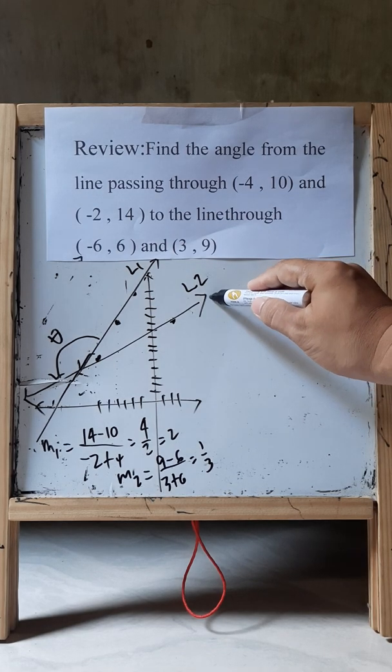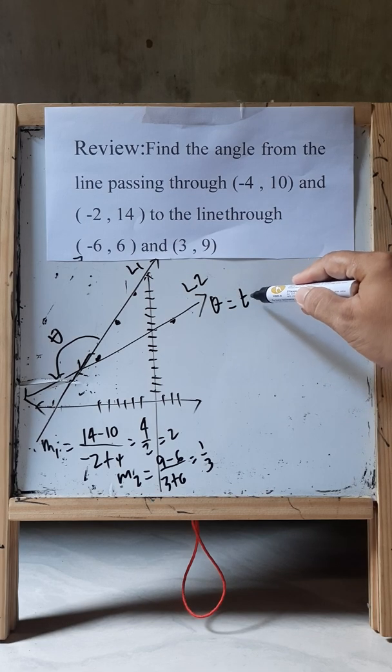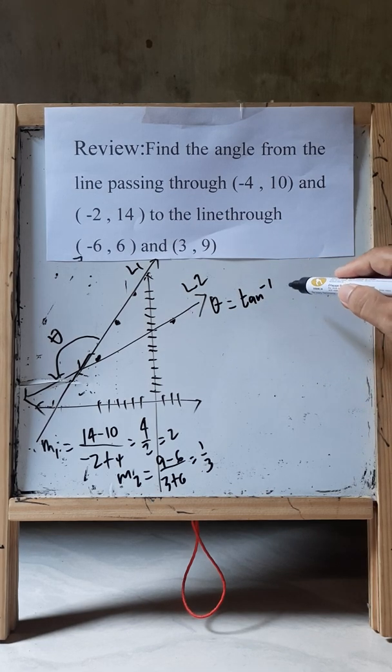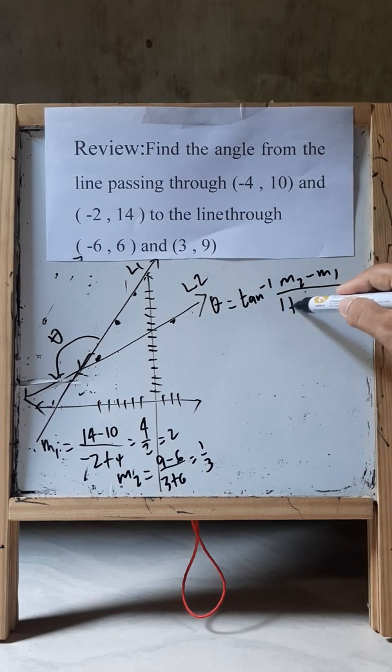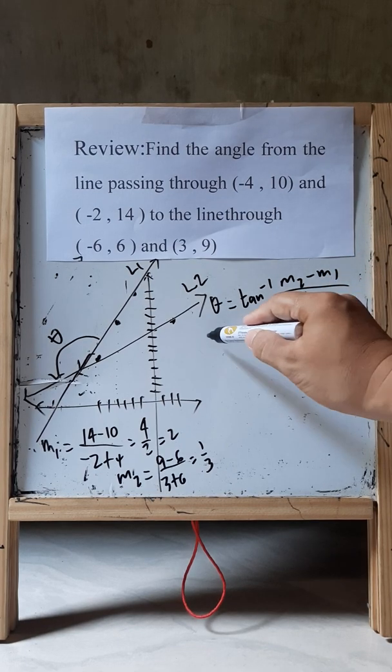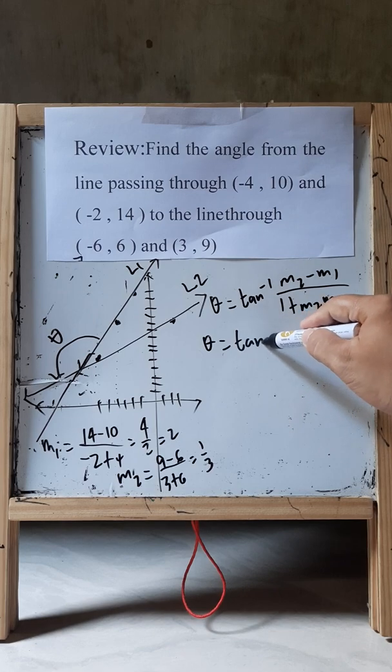We are now ready to solve for theta. Shift tangent of m sub 2 minus m sub 1 over 1 plus the product of m sub 2 times m sub 1.